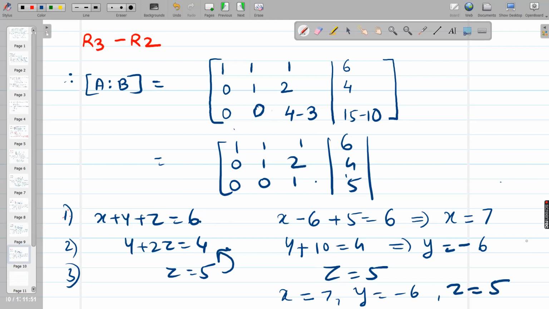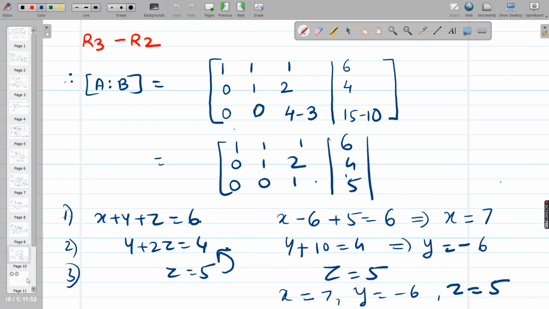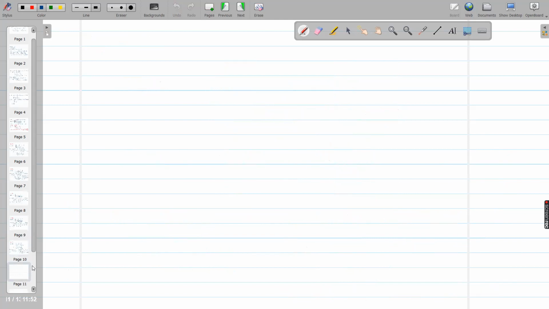Likewise, if I put any value other than 3 for lambda and any value for mu, that will give me a unique solution for the system.